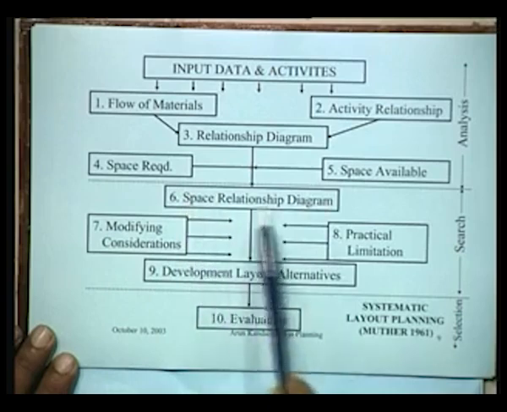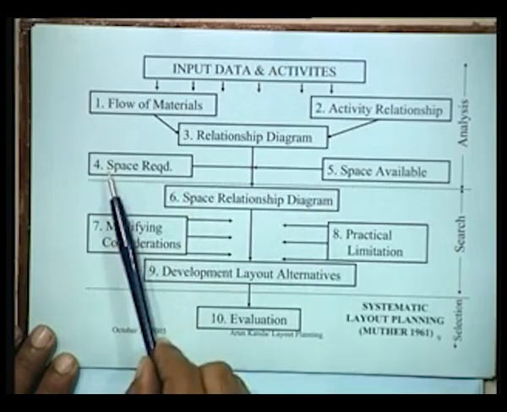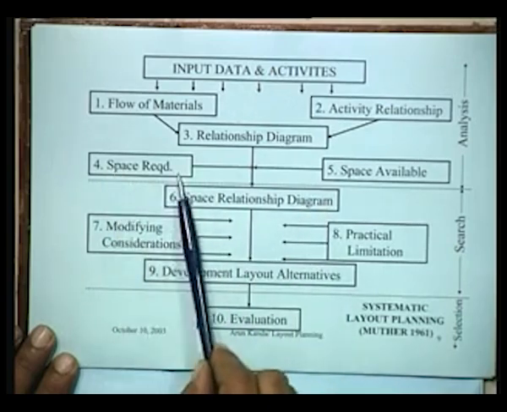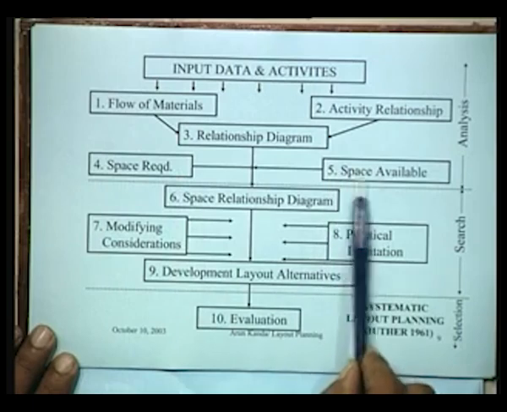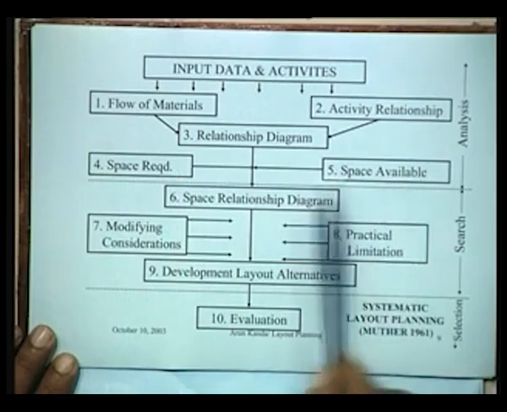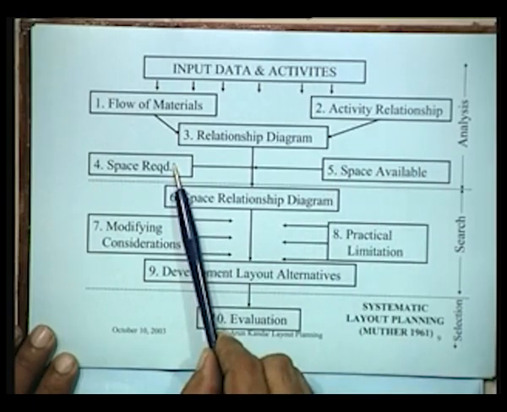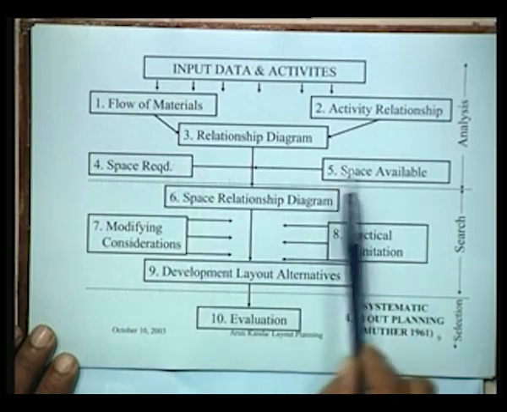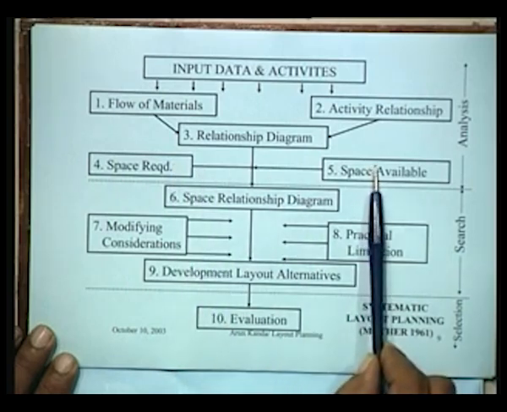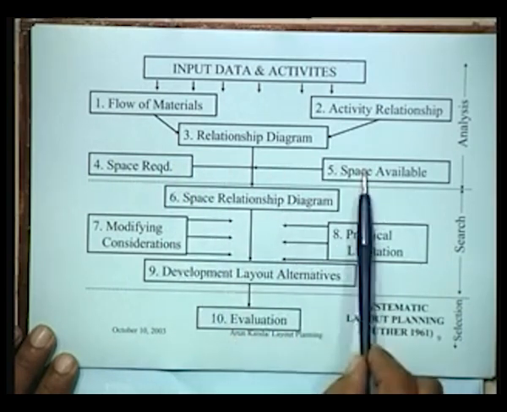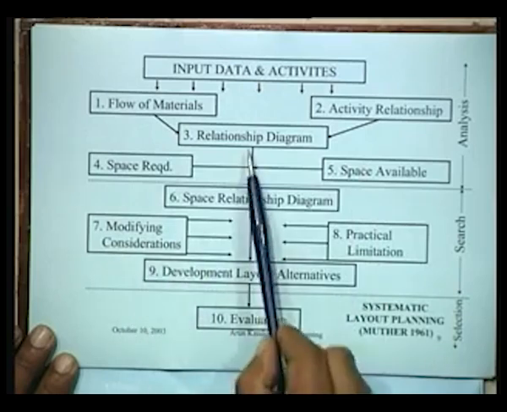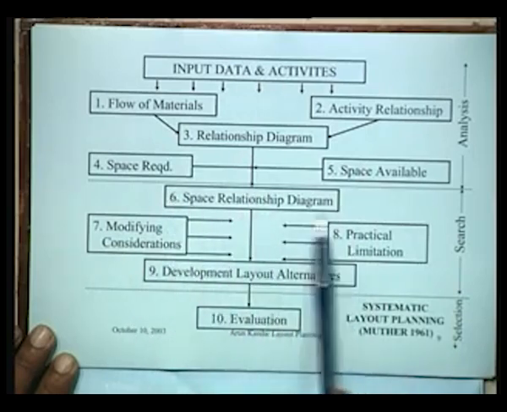In order to develop the space relationship diagram, you have to compute in step 4 the space required, and match it with the space available. That means if you find that the space required is 4,000 square feet, you must make sure that 4,000 square feet of space is available. So it's just a check in that direction, and then you develop the space relationship diagram in step 6.